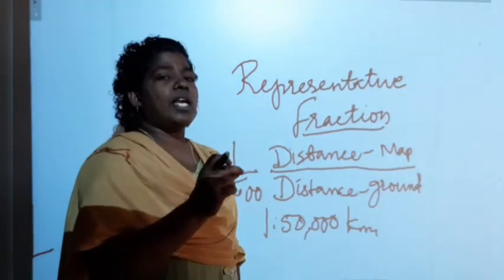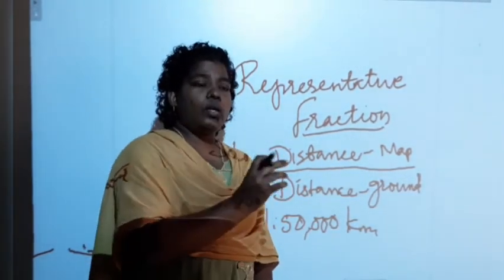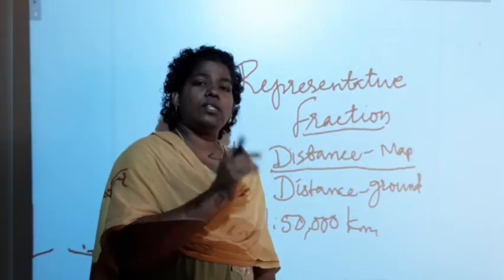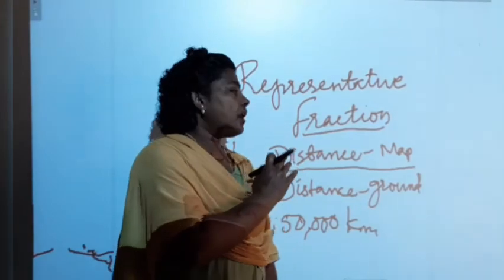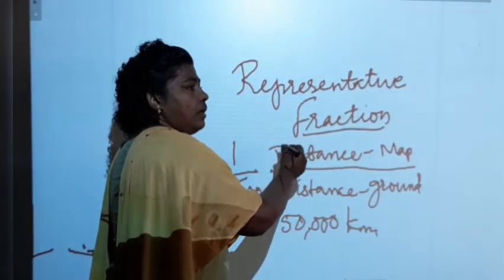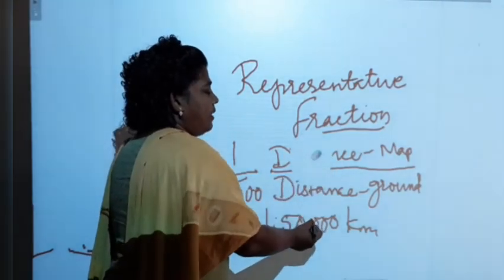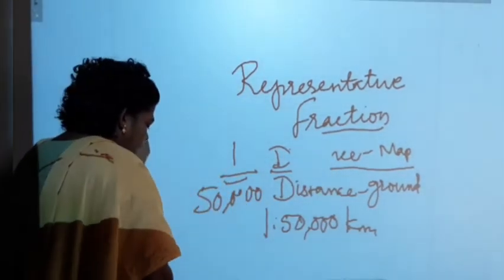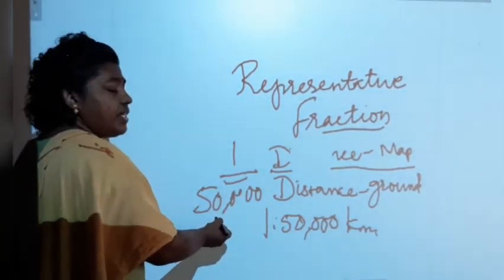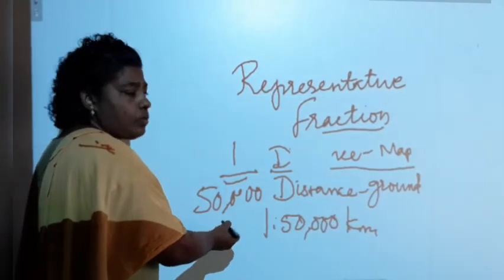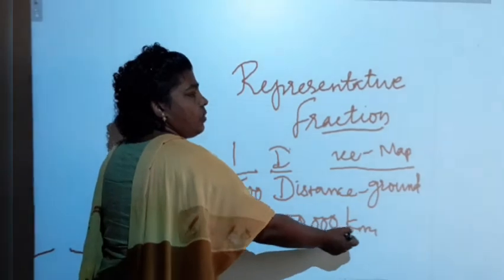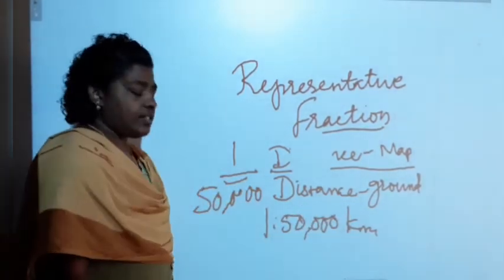The verbal scale is always noted in numbers and units, for example, 1 centimeter is equal to 5 kilometers on the ground. And the representative fraction has a numerator and a denominator: the numerator will be 1 and the denominator will be 50,000. When you take it as 1 is to 5000 kilometers. Did you understand, children?